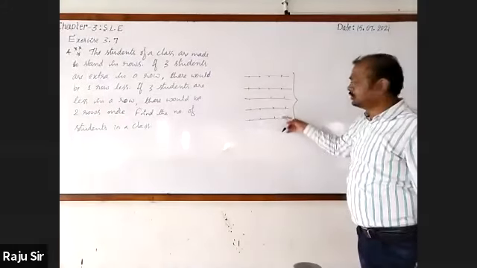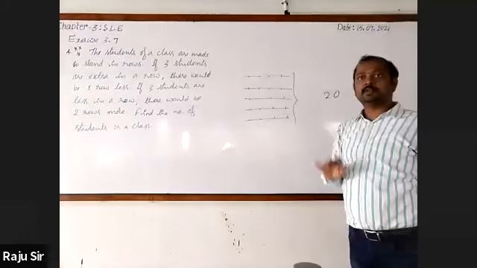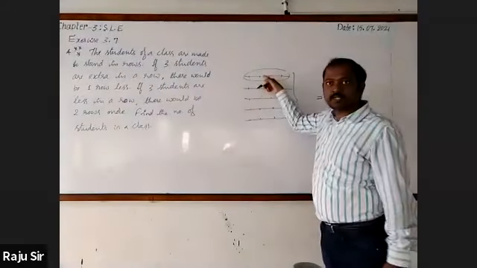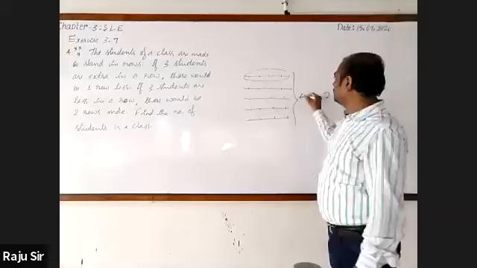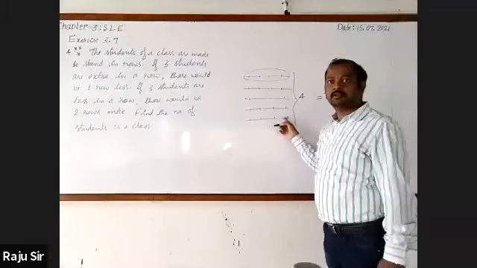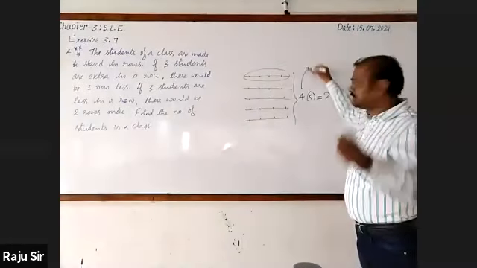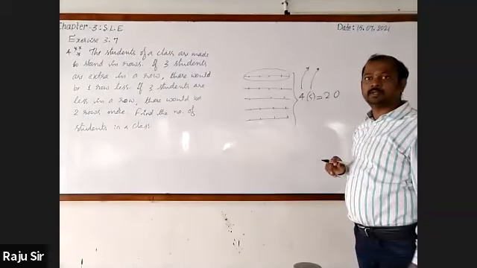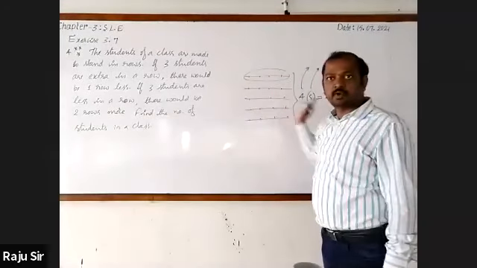If you want to know that, you must know how many students are there in each row, and how many such desks are there. 4 students, and 5 desks. So 4 into 5 is equal to 20.